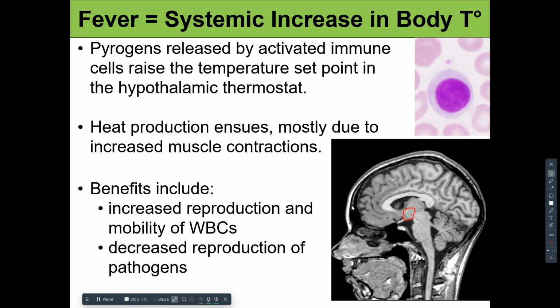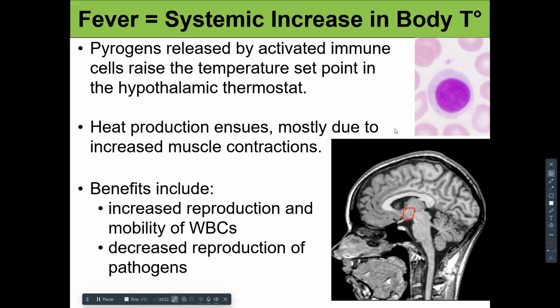And what pyrogens do is they act on your hypothalamus. You have a cluster of neurons in your hypothalamus that is serving as your thermostat. So in response to this increase in the temperature setting, it's like when you bump up the temperature on your thermostat a little bit more.